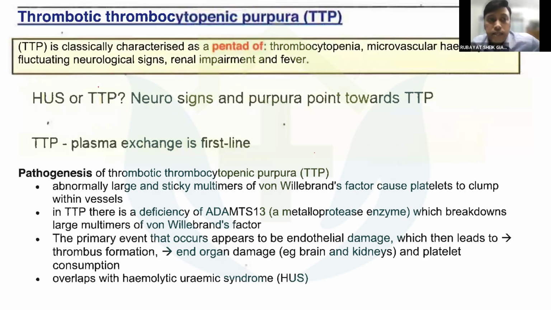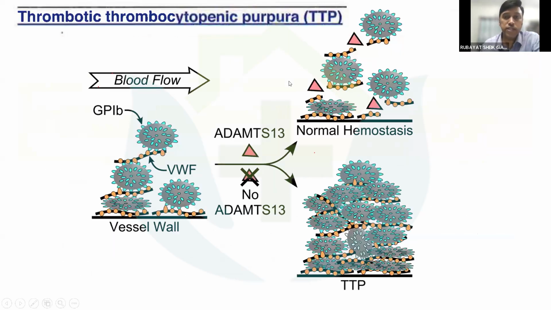Now let's come to another interesting, not very common, but very interesting condition. This condition is called thrombotic thrombocytopenic purpura. Basically, I told you earlier, there is an enzyme called ADAMTS13.